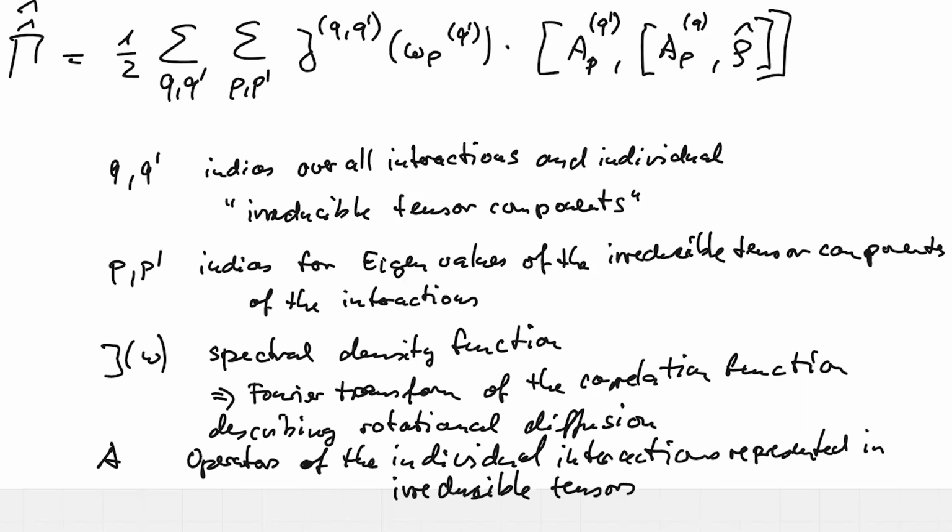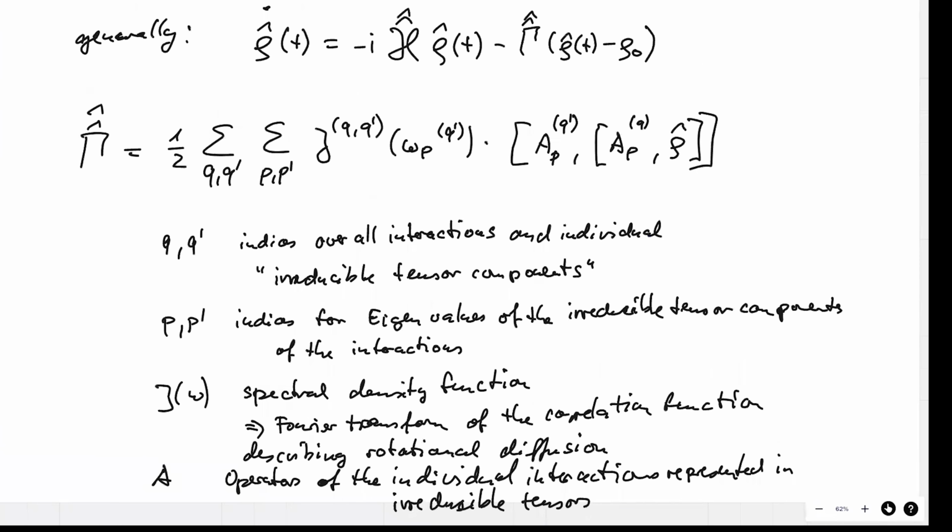So just to give you an insight, there are many, many components that you have to put together, and then in the end, you get this relaxation matrix, and this relaxation matrix is then put into the Liouville superoperator equivalent to the Schrödinger equation in the end.